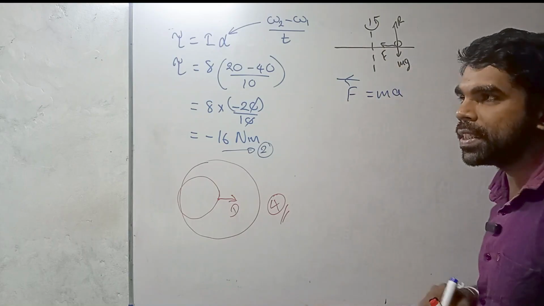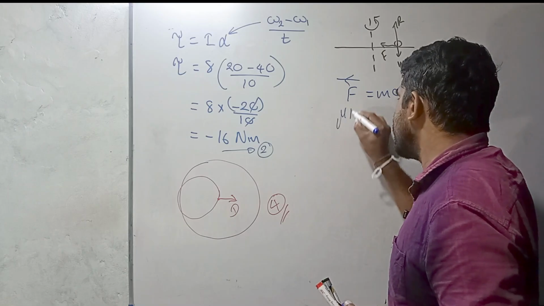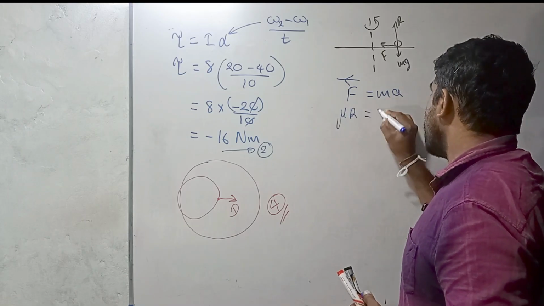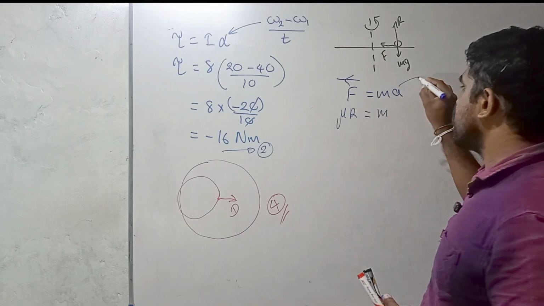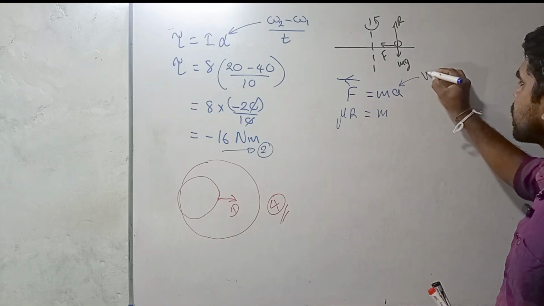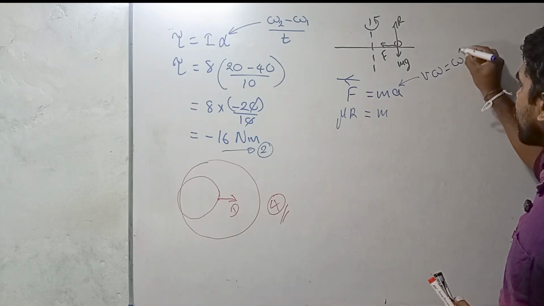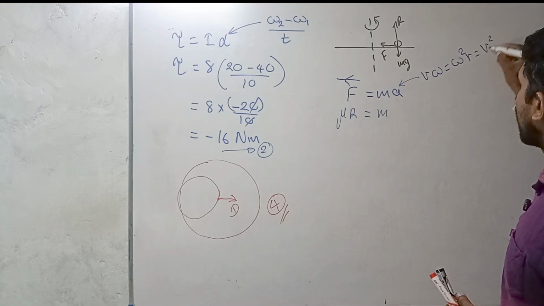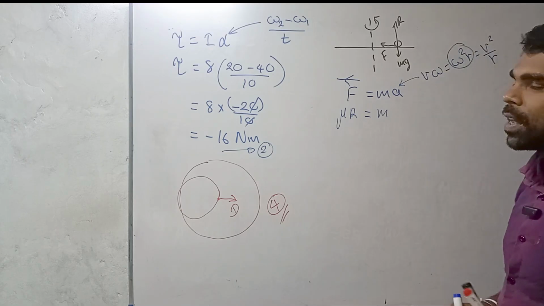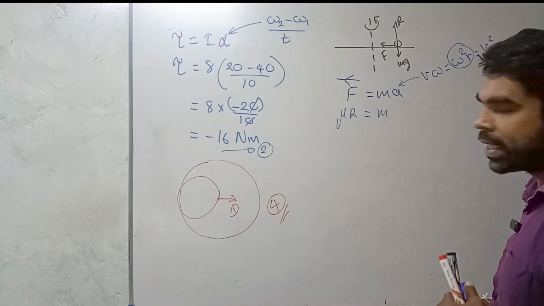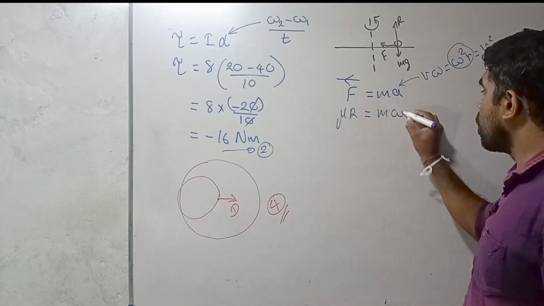The force towards the center is the friction, so we substitute mu R. Mass m, centripetal acceleration: v squared over r, or omega squared r. I will use omega squared r because we have to find the angular velocity.